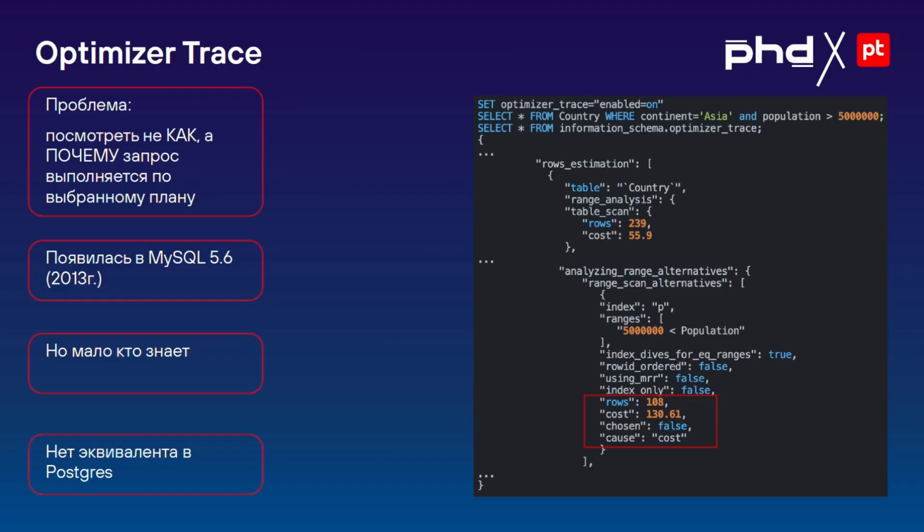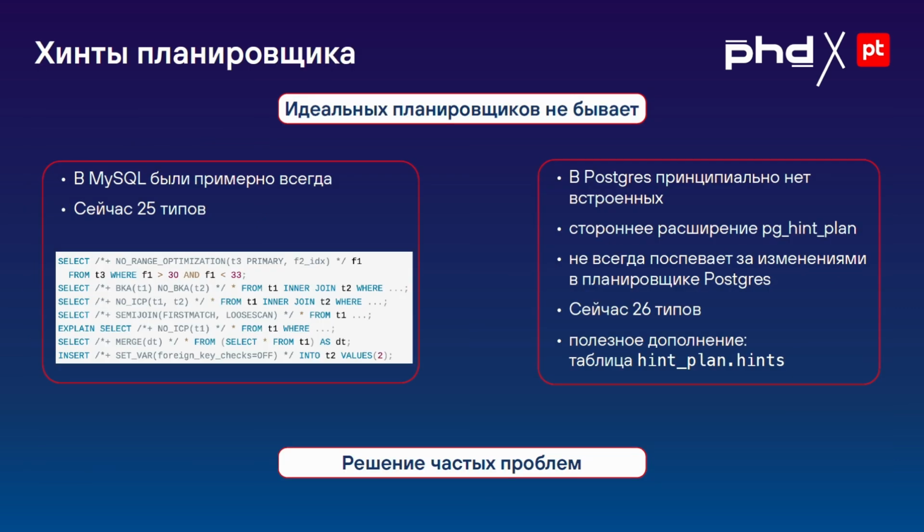Joking, of course. I run an optimizer trace and then see what the trace shows. It shows that first I ran the scan and then looked at the scan by the index, but the cost turned out to be higher than in the first case. So that's why the optimizer took this plan.